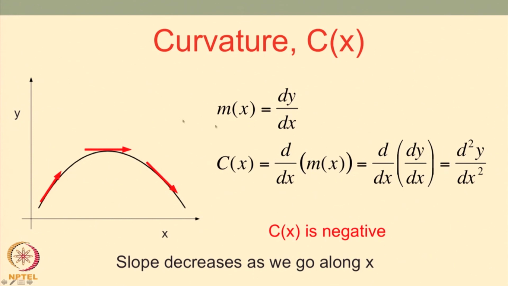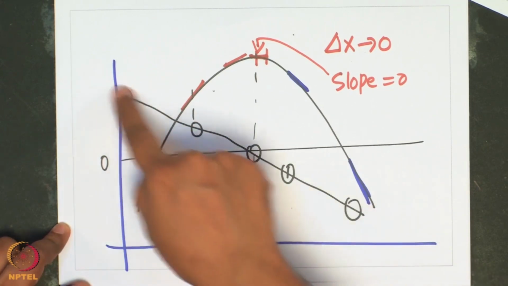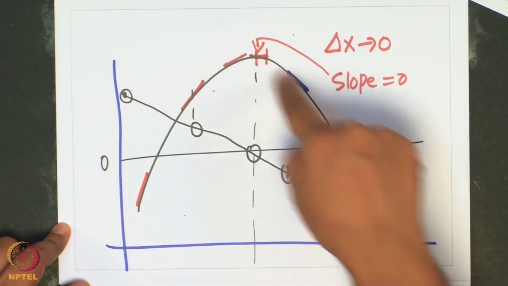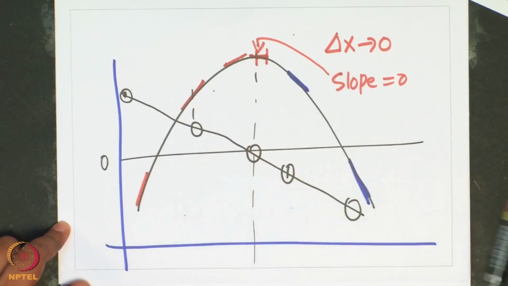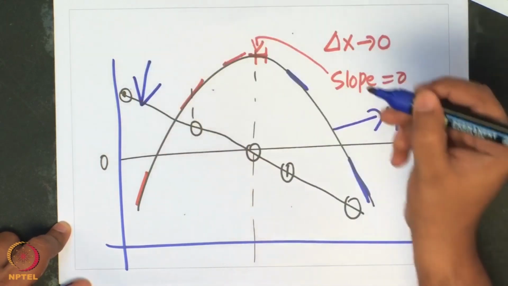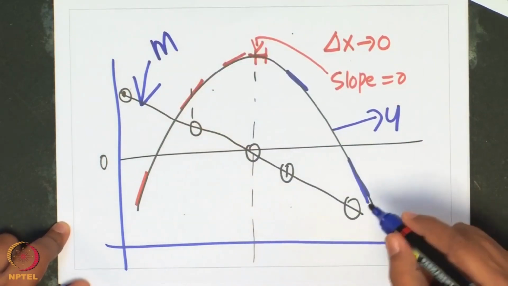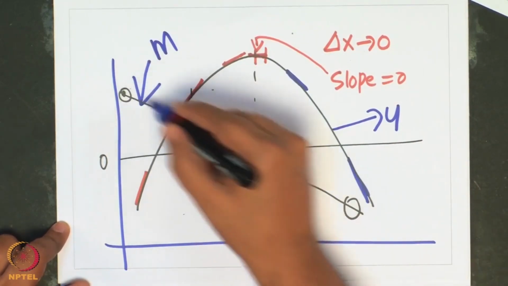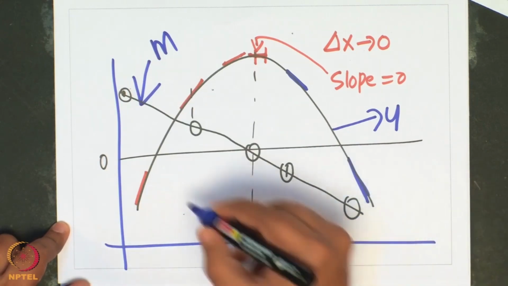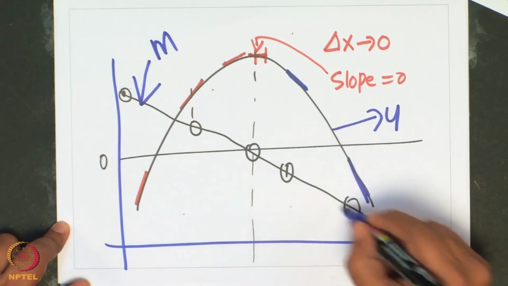If you compute the c of x for this, it will be negative. What I am trying to say is that if this curved one is our function y, and this is our function m, the slope, now if you look at how the slope itself changes, how does m change with x?